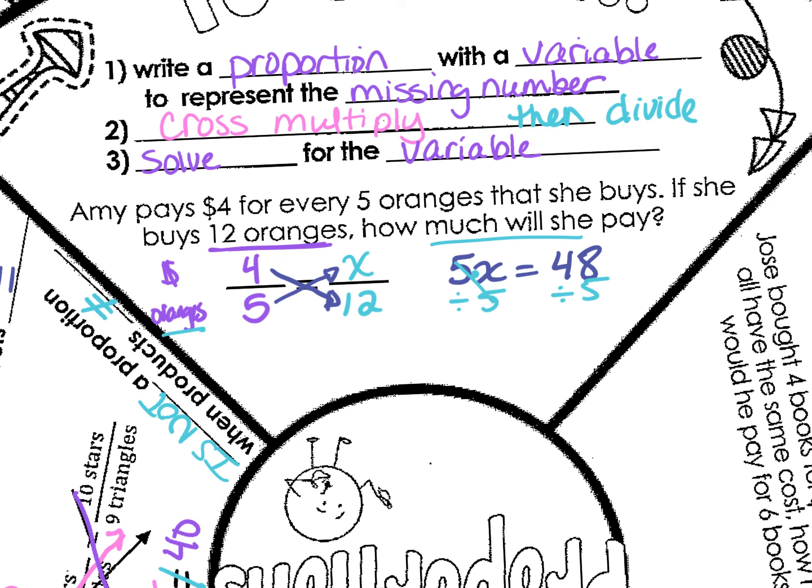You can always use your jump method if you use that, or however you're using. So this is going to give us $9.60. That's how much it's going to cost us. We can check it by plugging the $9.60 back in and then cross multiplying to make sure it's correct. 48 becomes 48.